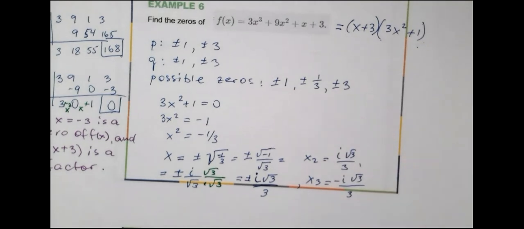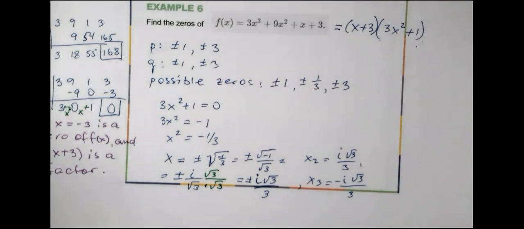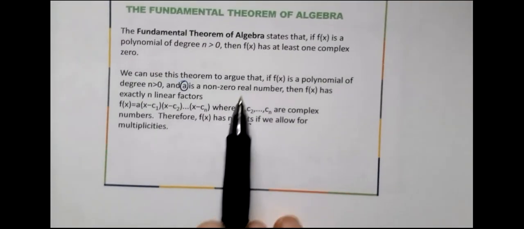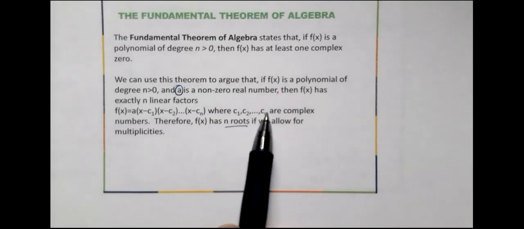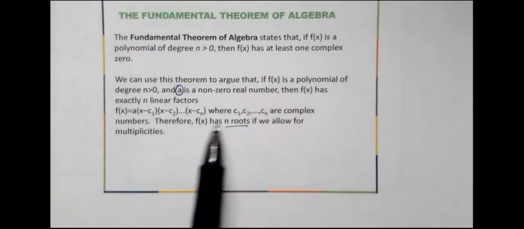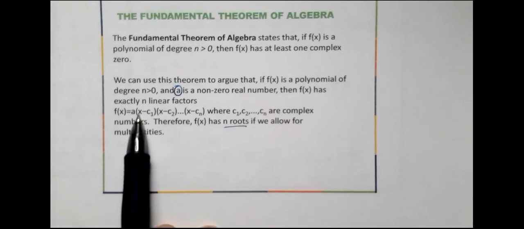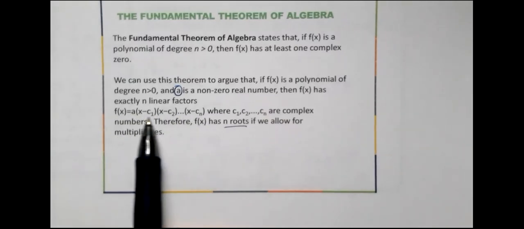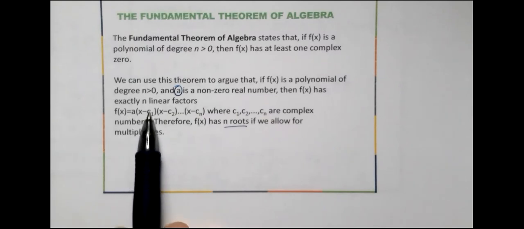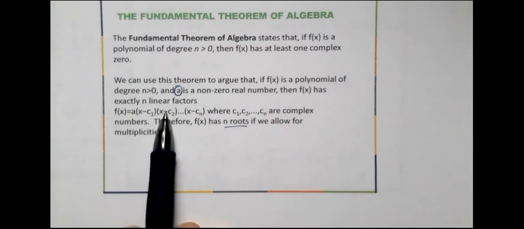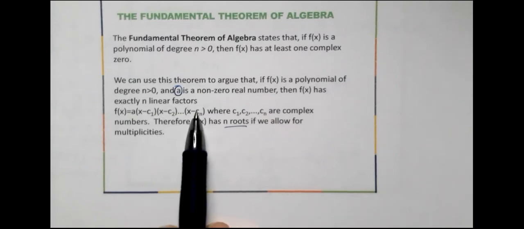Now, if I wanted to use this theorem and say if I have all the zeros, c1, c2, c3, and so forth, we have 3, then I could write my polynomial in this form. So it's some coefficient a multiplied by x minus root 1, x minus root 2, and x minus root 3.